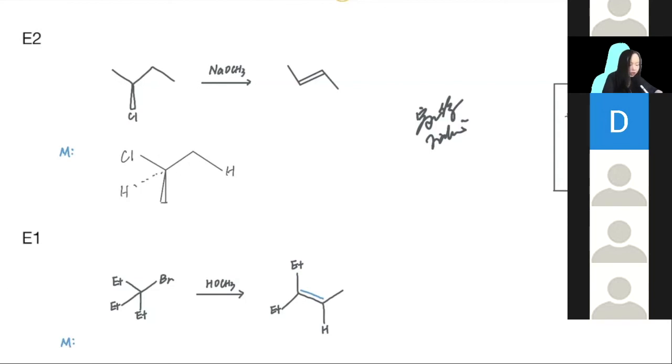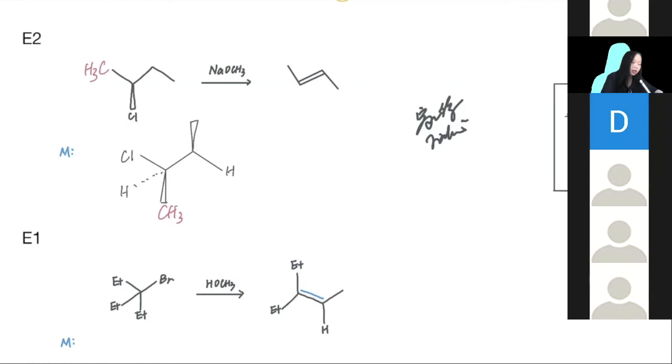So previously, as you can see here, my methyl group, CH3, was in a solid line, but I always ask my students to do a rotation. Use your hand as the model to do a rotation and put the leaving group in the solid line, in the plane of paper. So it's going to be more clear for you to see where the anti-hydrogen is, okay?